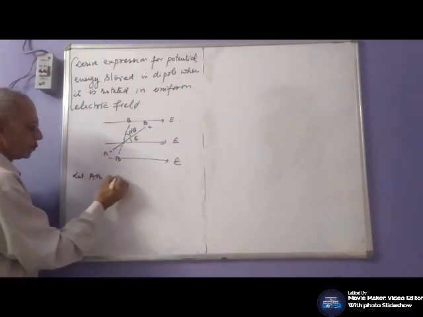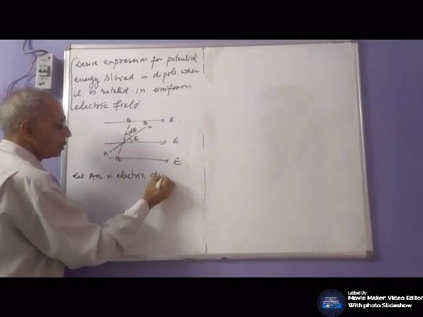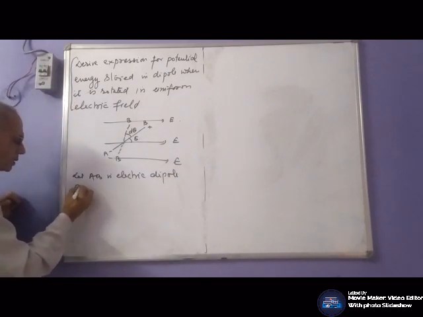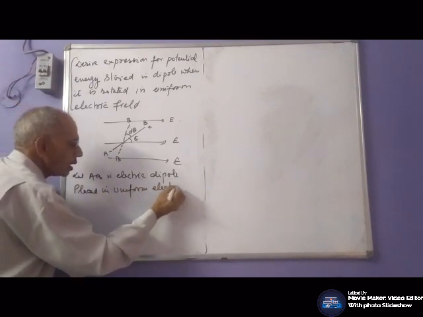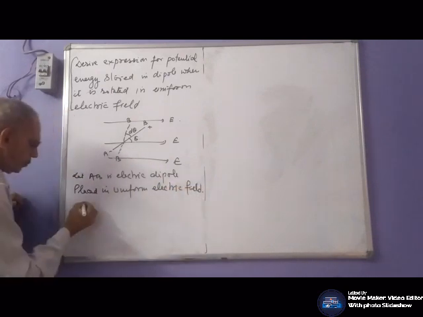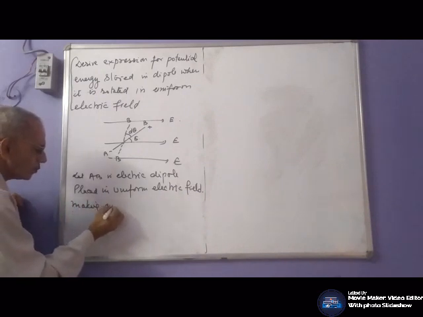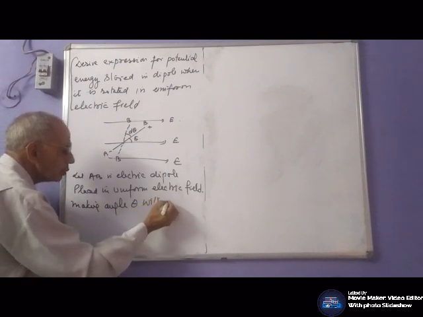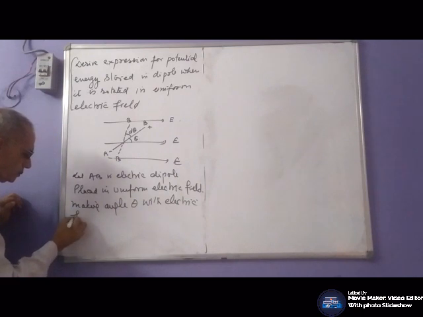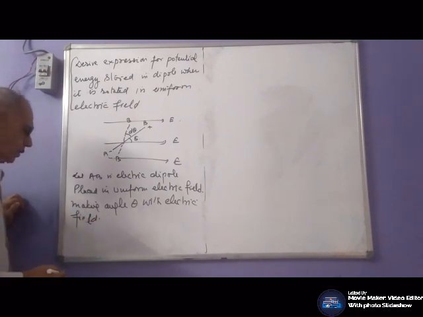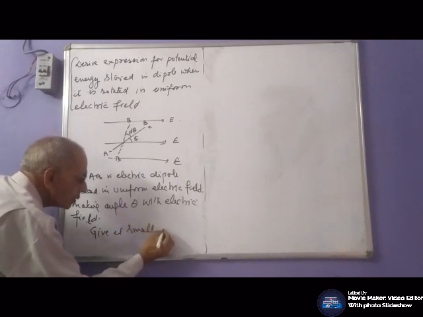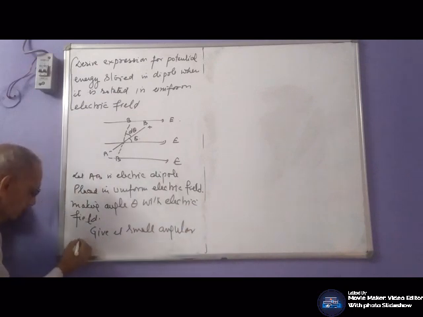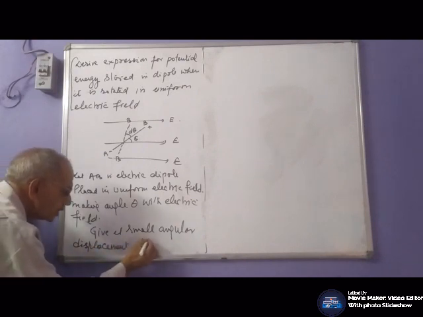Let there be an electric dipole placed in uniform electric field, making angle theta with the electric field. Give it a small angular displacement d theta.